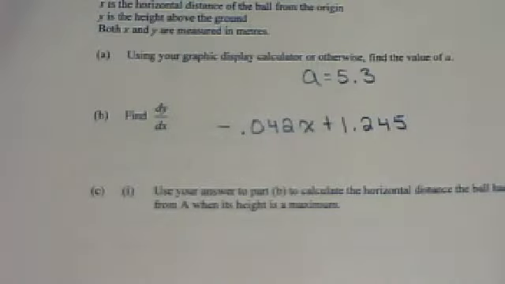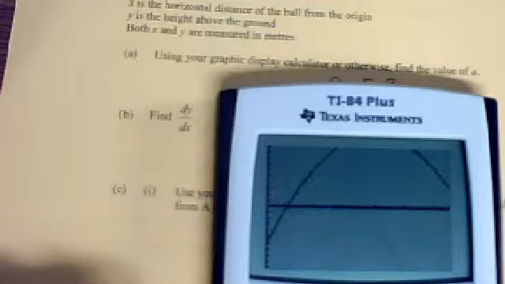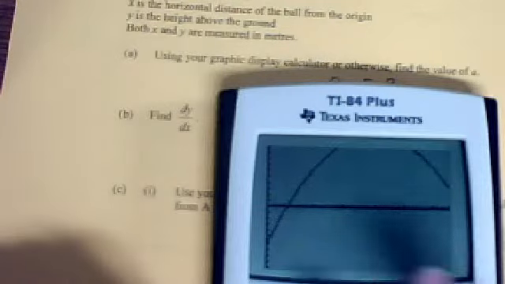Okay, so when are we at our horizontal distance to get to that height? I'm going to change my window a little bit. Let's see if I can see where that ball is reaching its highest point. Almost there.